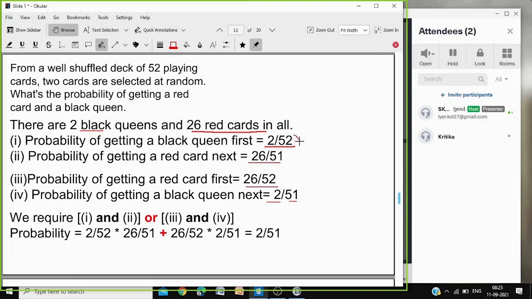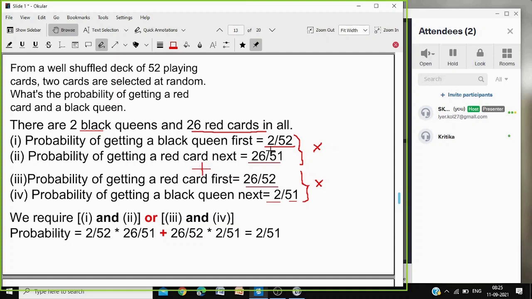So you want this and this. And means multiplication. You want this and this, again and means multiplication. And you want this one or this one, any one: either first queen and then red, or first red and then queen. For or, this should be plus.